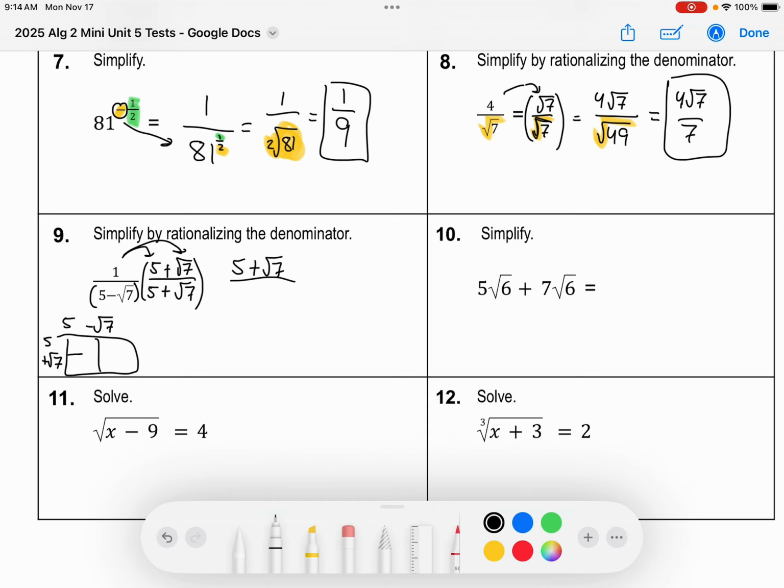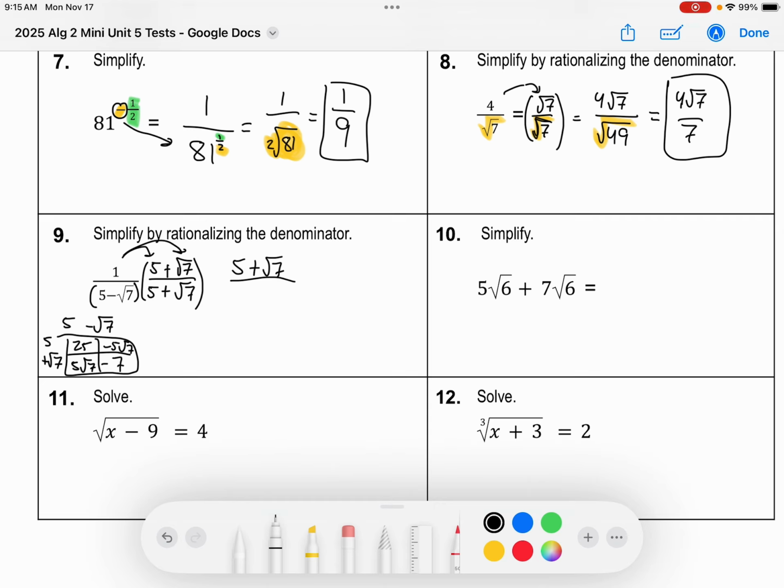So 5 times 5 would be 25. 5 times negative square root of 7 would be negative 5 square root of 7. 5 times the square root of 7 is 5 square root of 7. And then the square root of 7 times negative square root of 7 would be the negative square root of 49, which is just negative 7.